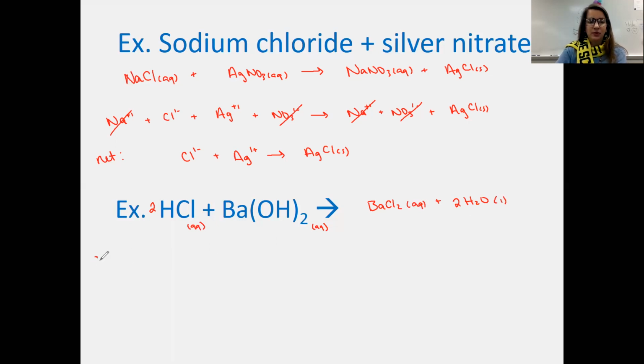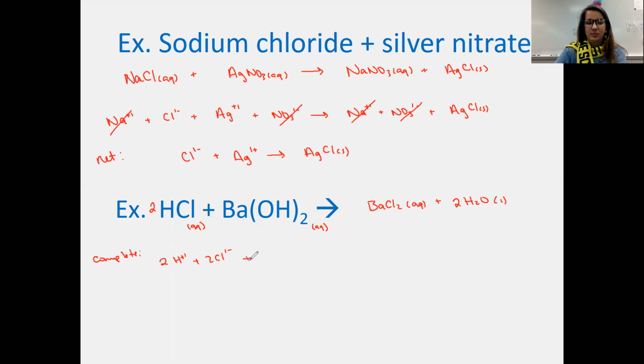So to get our complete ionic then, what we do is we separate anything that's aqueous into its ions. So when we separate this hydrochloric acid here, we've got two hydrogen ions and we have two chloride ions, okay?